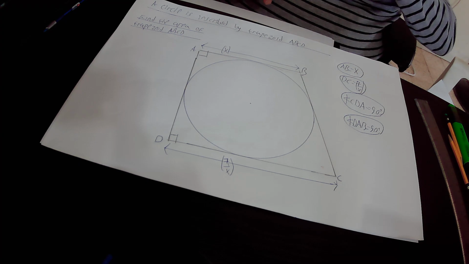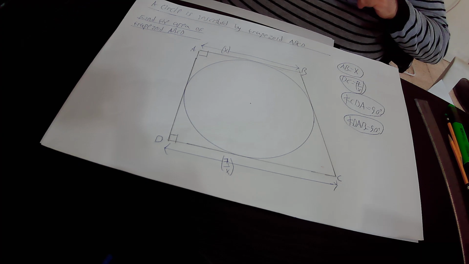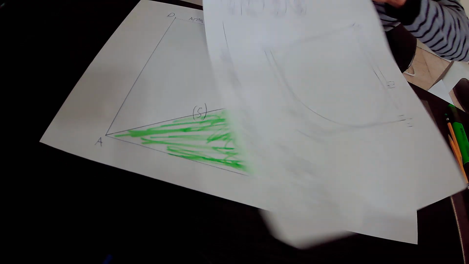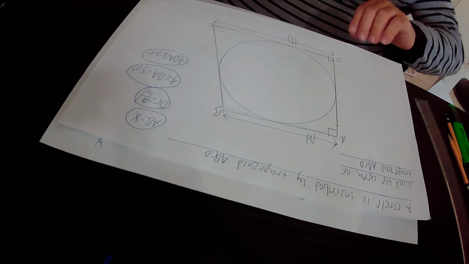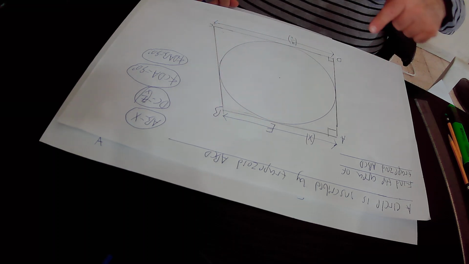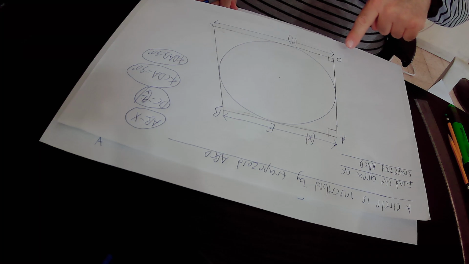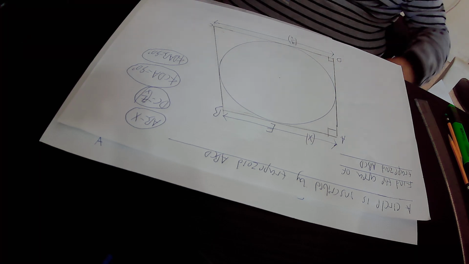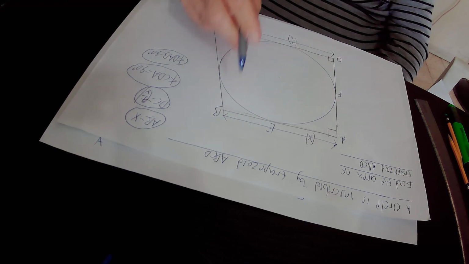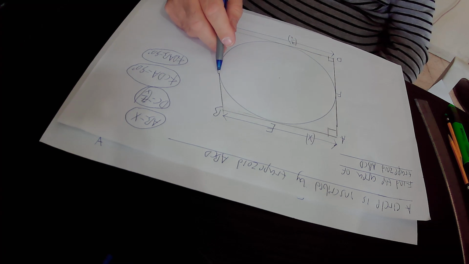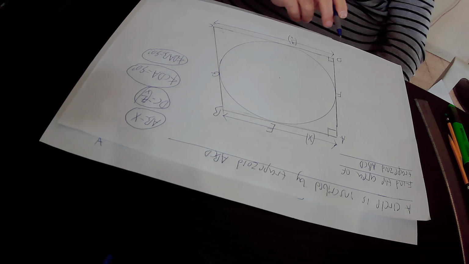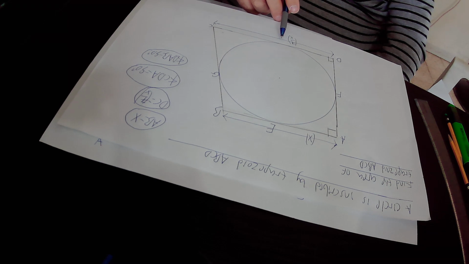We will define the point of tangency of side AB with this circle, this point, as E. Likewise, we define the point of tangency of side AD with this circle, this point, as F. We define the point of tangency of side BC with this circle, this point, as G, and finally we define the point of tangency of side DC with this circle, this point, as H.